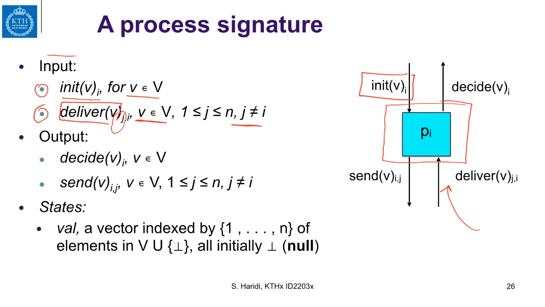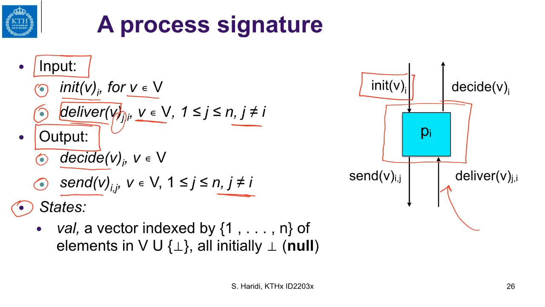So that is input. Then we have output. Similarly, we have a decide output, value v, and we have a send(i,j), which means process Pi is sending a message to process j. And this also, again, to all other processes. That's why it's for all j that are not equal to i. So what is the state of each process? It has a local state.